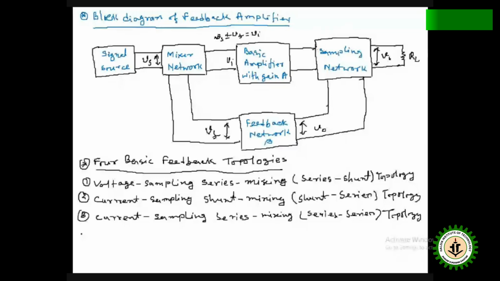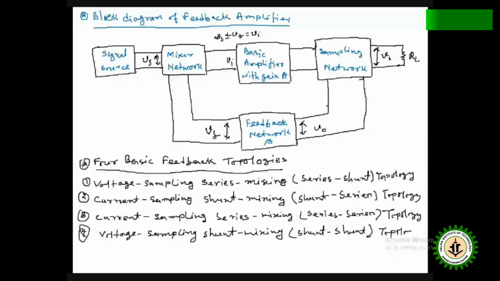Number 4, voltage sampling, shunt mixing. It is called shunt shunt topology. So these are the 4 basic feedback topologies.